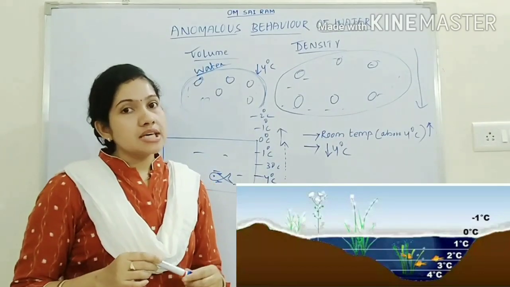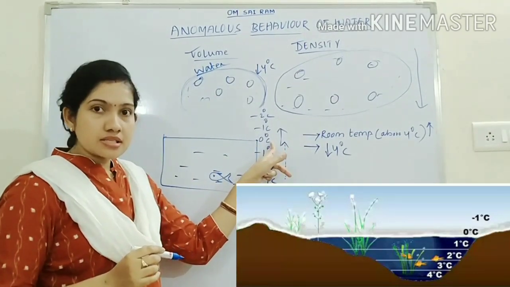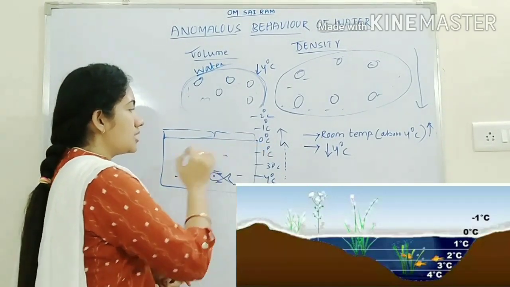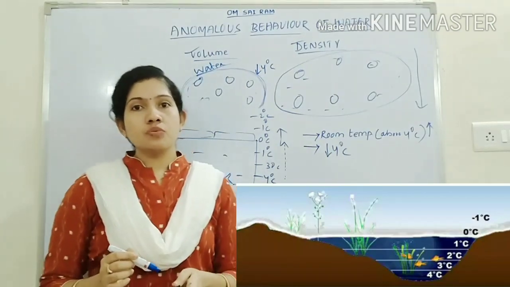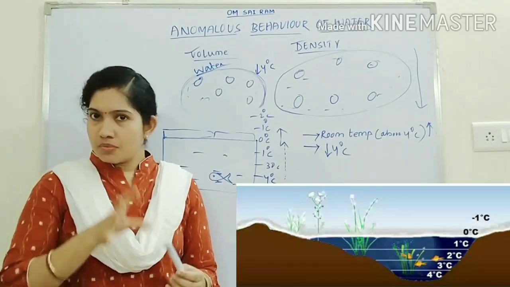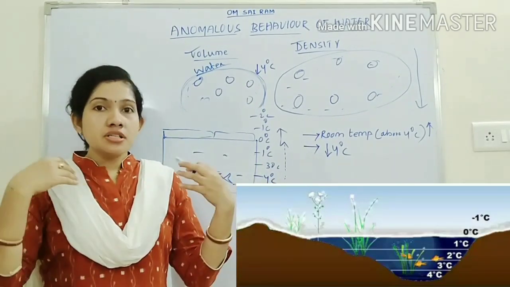As water moves up gradually, its tendency will change. At the surface, at 0 degree Celsius, there will be ice. You might have observed ice cubes floating, or seen ice floating in the movie Titanic. Why does it float?